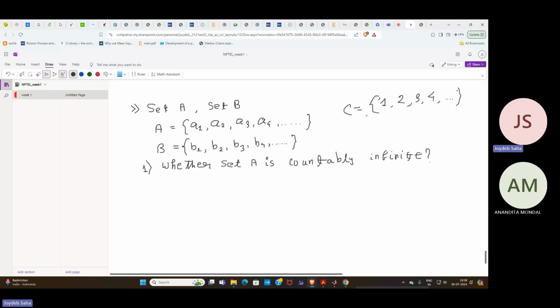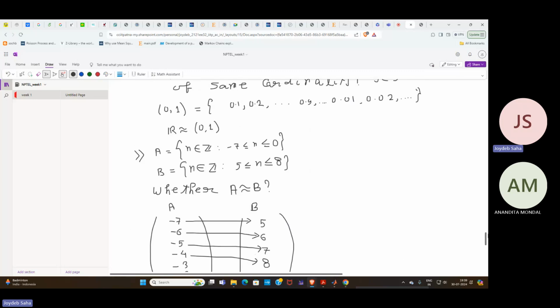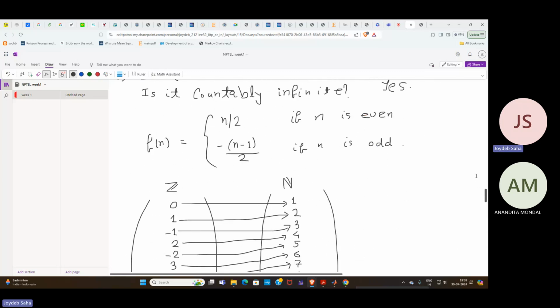From these three sets, there will be 3-4 questions I will answer now one by one. And there is an interesting concept also in this question. That is why I am solving it. What do we mean by countably infinite? We can move to our previous slides, right?